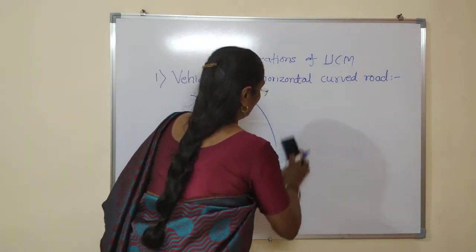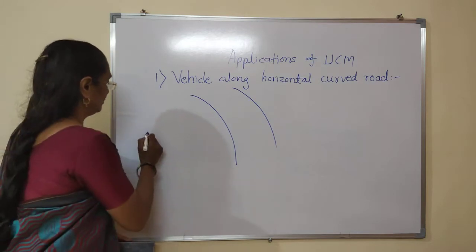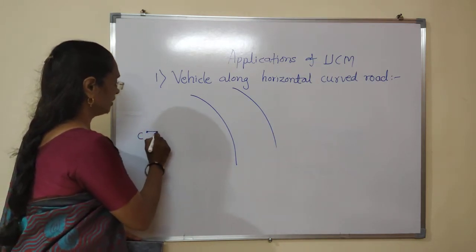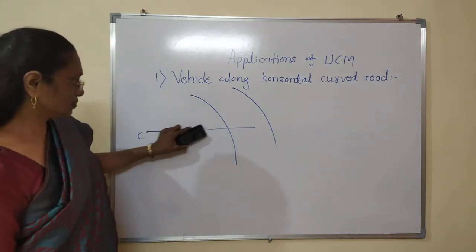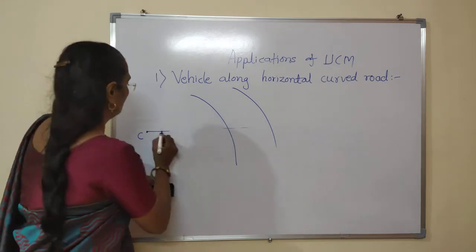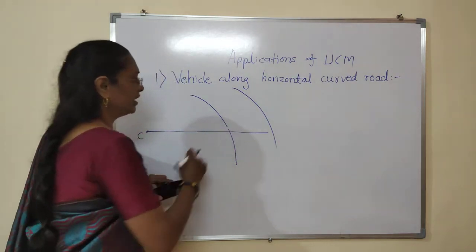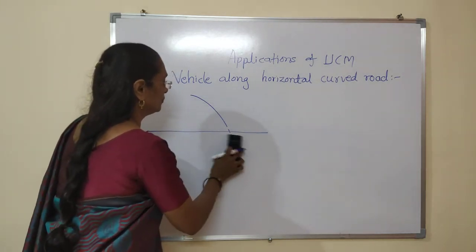Here we consider the center of the circular road somewhere here, and the radial part like this. Actually, we are considering a section of the road and avoid showing the curve.